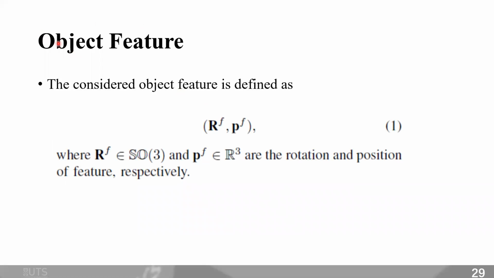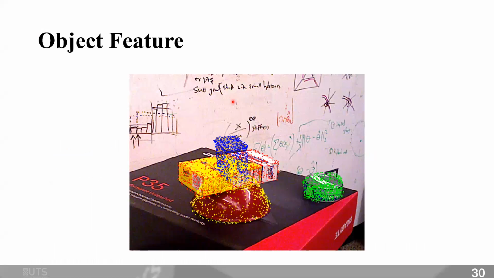The object feature considered here is shown here. It contains the rotations and positions of the feature. It's the pose of the feature.